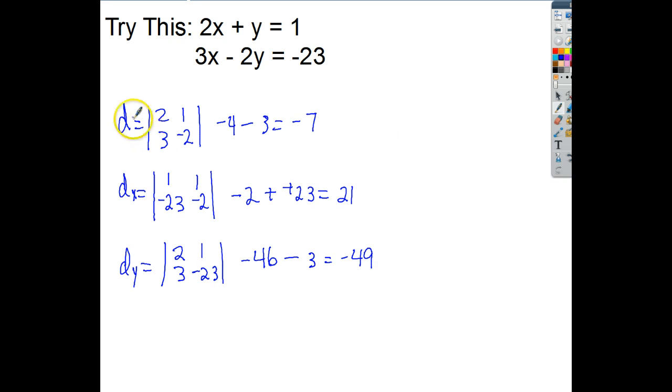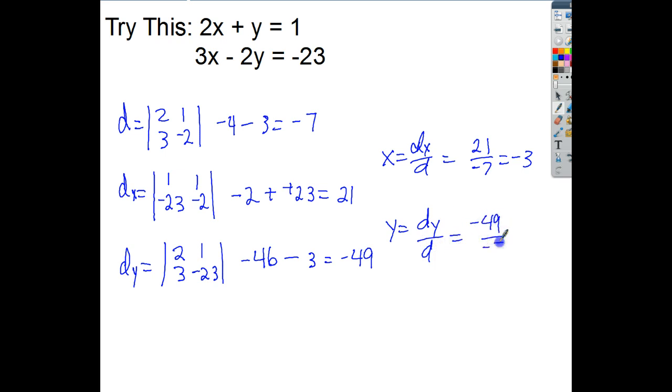All right, so working out D sub x and D sub y, we get that. Our x answer is D sub x over D, which is going to be 21 over negative 7, which gives us negative 3. And the y is equal to the D sub y answer divided by the D. Negative 49 divided by negative 7 is positive 7.